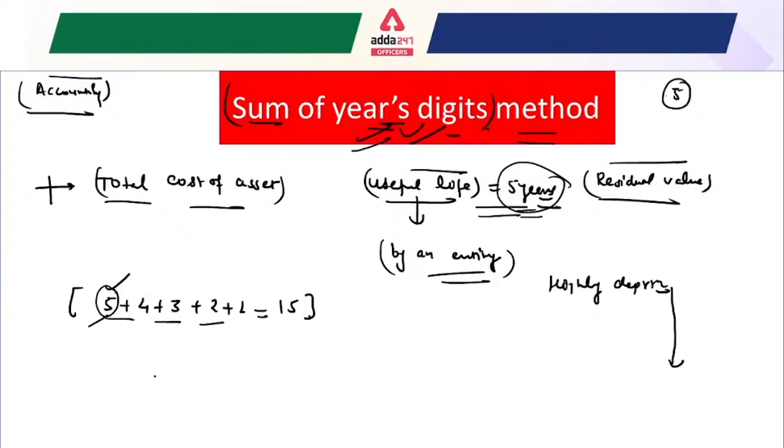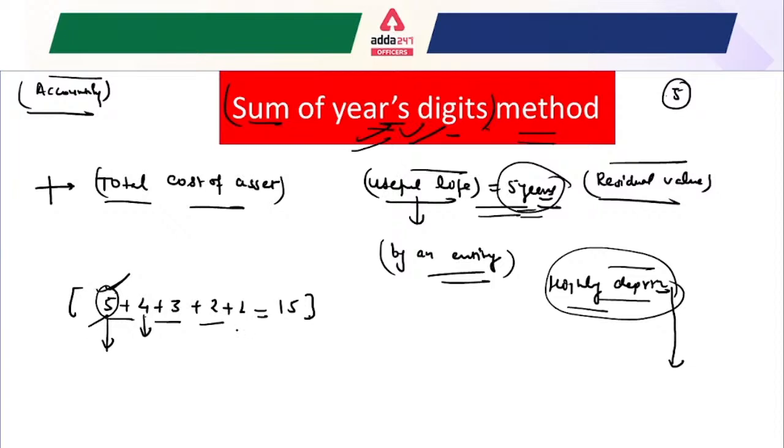Many times in the examination the question is also from the formulas, like if I say first year depreciation, what would be considered? This will be considered as the first year depreciation, and this as the second year depreciation. Why? Because companies, firms or organizations usually keep higher depreciation in the initial years. That's why we started with the 5.